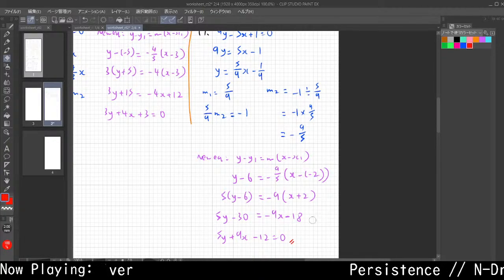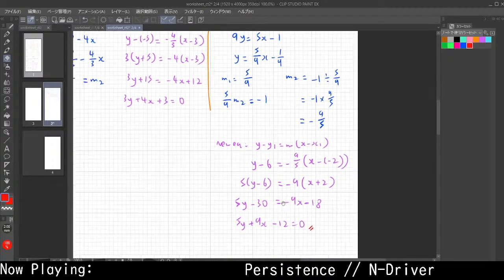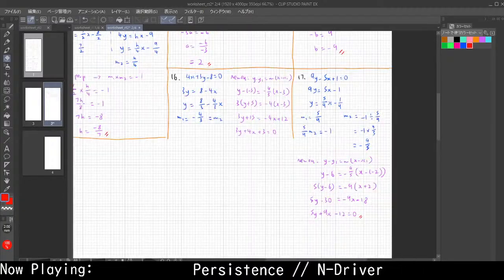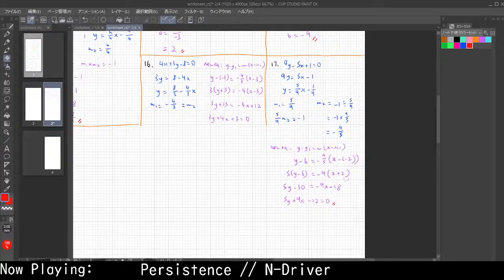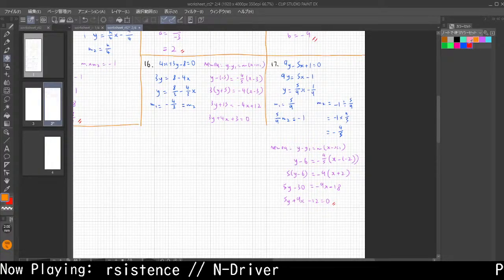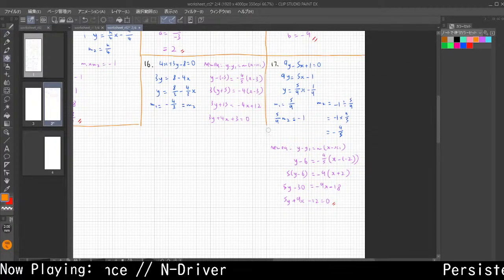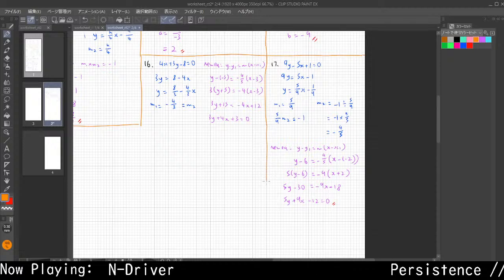Okay, question 18. Moving on. I might be able to finish before 12:30 actually, since I'm going relatively fast on this one.